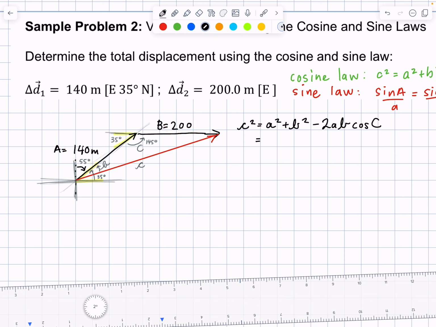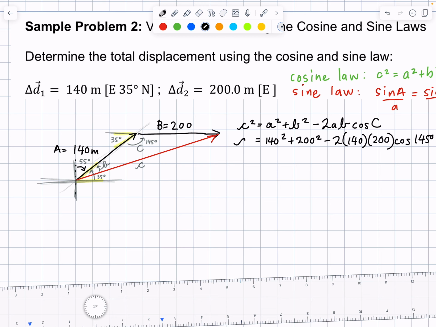So we have 140 squared plus 200 squared minus 2 times 140 times 200 times the cos of angle C, which is 145 degrees.